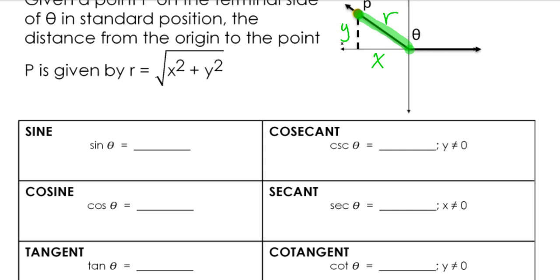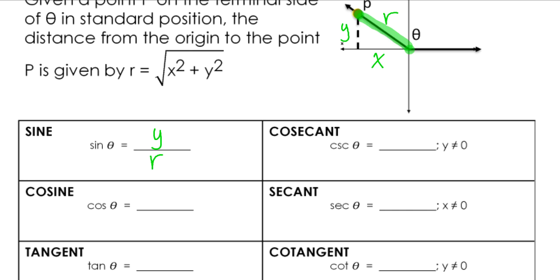All right, so using our picture there, remember sine is opposite over hypotenuse. So opposite of my angle is y, and the hypotenuse of that right triangle is r, or the radius.